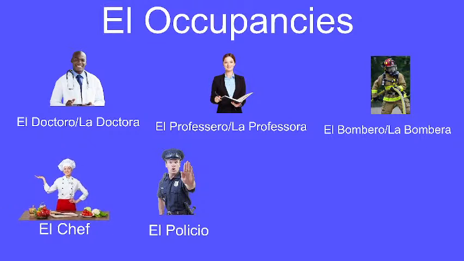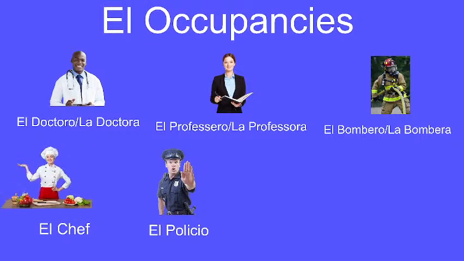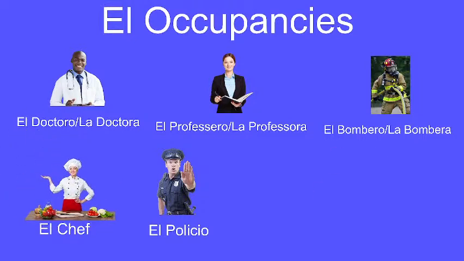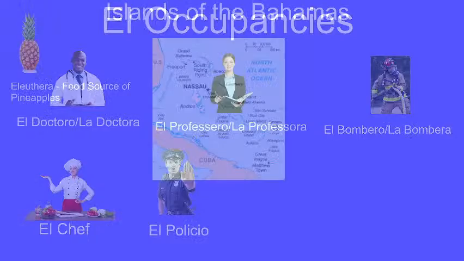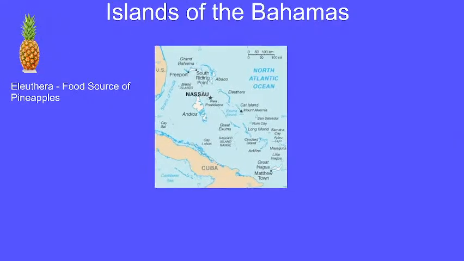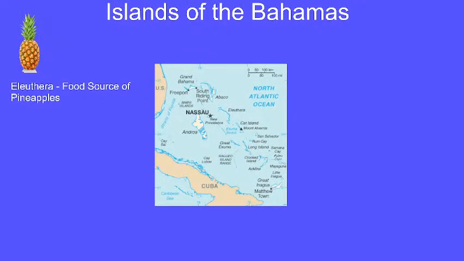Now, next is the 700 islands in the Bahamas. There are 700 islands in the Bahamas, which include Grand Bahama, Abaco, Andros, Great Exuma, New Providence, Great Inagua, Little Inagua, Acklins, Salmon Cay, and Berry Islands.